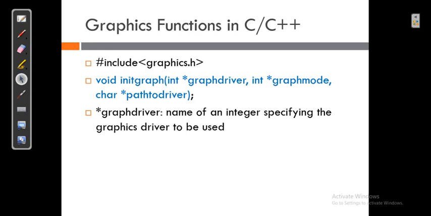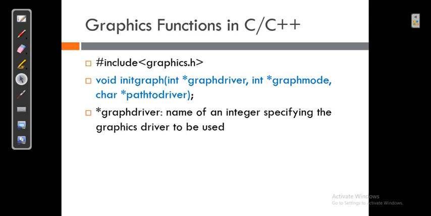But once you have called initgraph on the 60th line, after that whatever screen related functions we are working with will now work in the graphics mode. So initgraph will initialize the graphics mode in a program. It has three arguments. One is the argument that is a pointer to the driver.